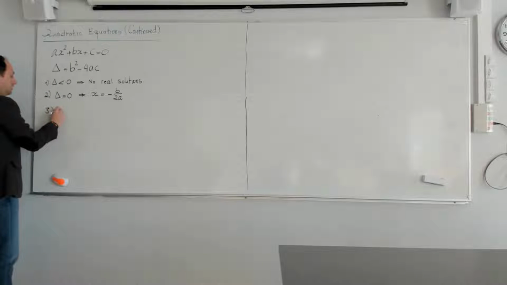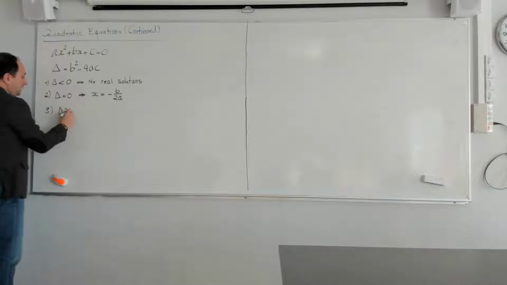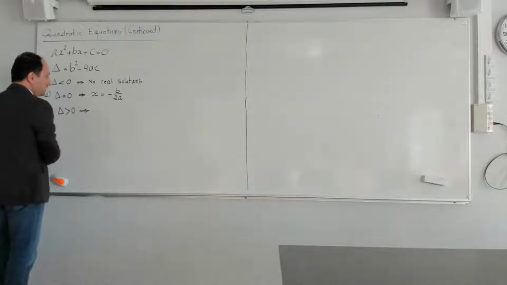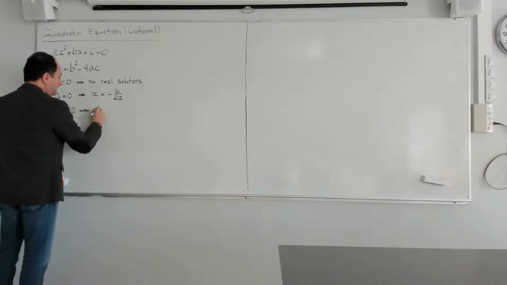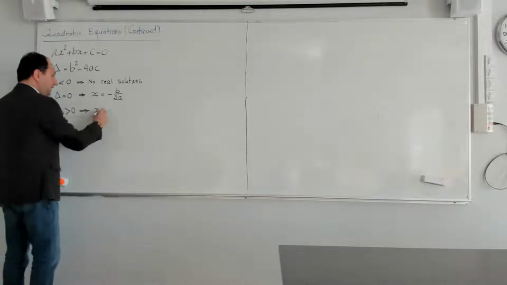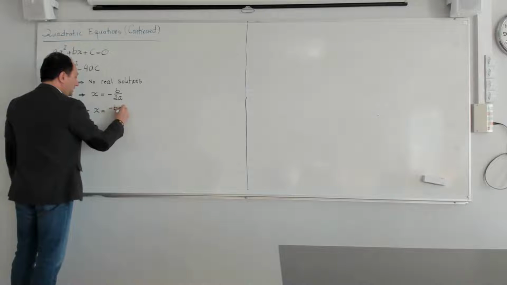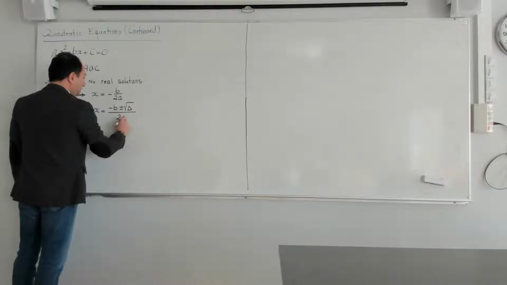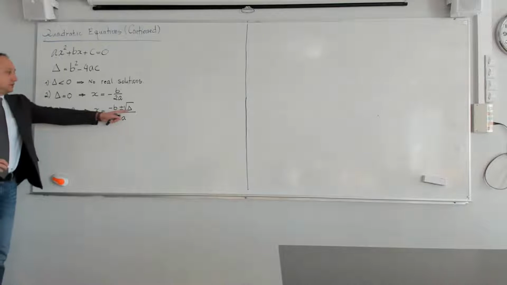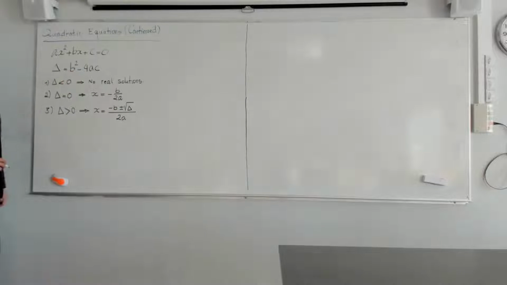Finally, delta might be positive. Then you have two roots that you can write compactly in one formula: minus b, plus or minus the square root of delta, divided by 2a. And this delta is exactly the number that you have already calculated.